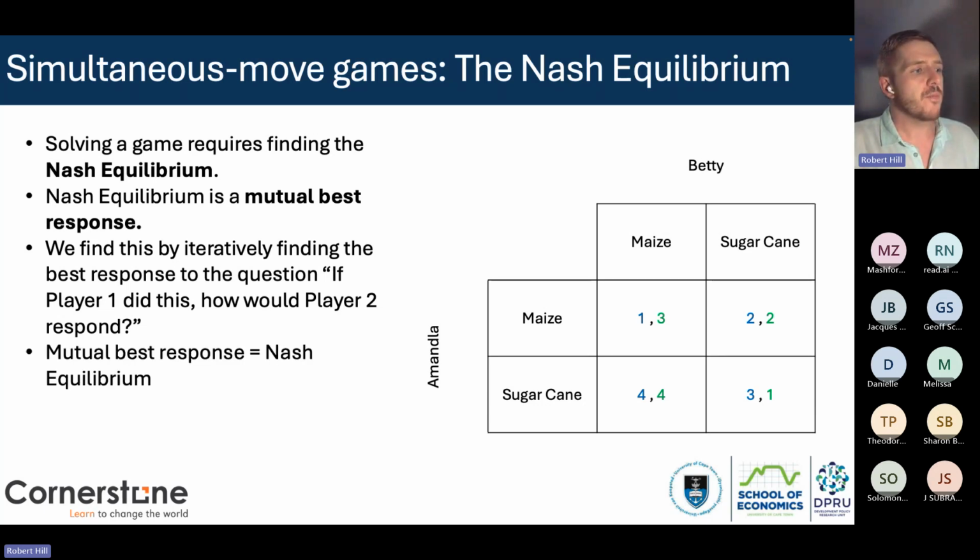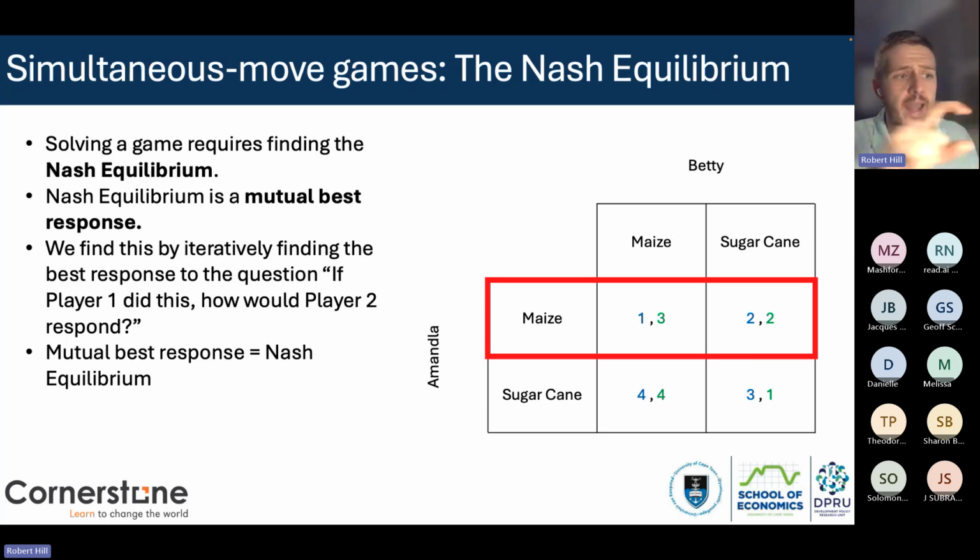So for example, if we were to look at this game where Amandla and Betty have to choose which crops they're going to plant, you could say, if Amandla played maize, so if we look at that row that I've highlighted where Amandla has chosen to play maize, what would Betty prefer to do? Knowing that these numbers represent utility or happiness, a bigger number is better. So Betty will choose a 3 rather than a 2 because 3 is bigger than 2.